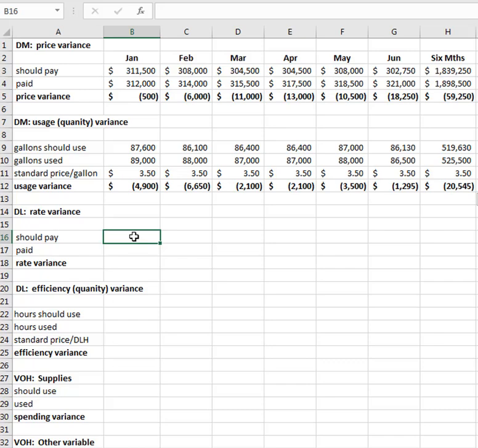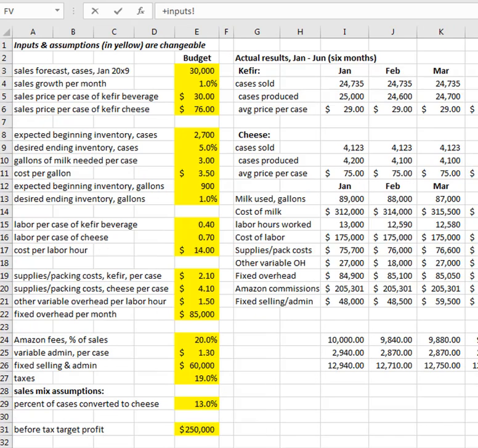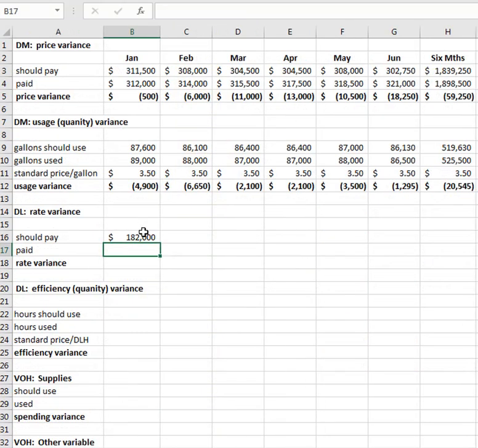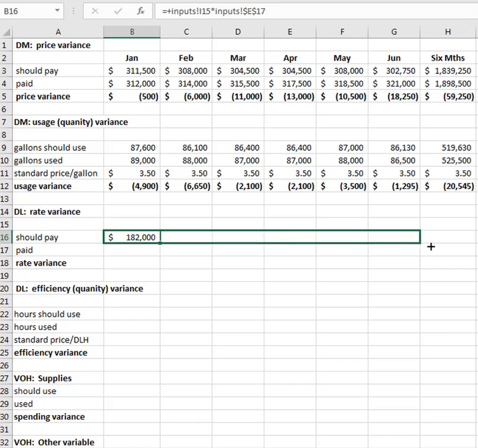All right, let's look at the labor. So what should they have paid for labor? All right, so let's see. How many hours did they work? And what labor rate should they have paid? Where's our labor? There we go. All right, so let's anchor our labor rate and then pull that over.